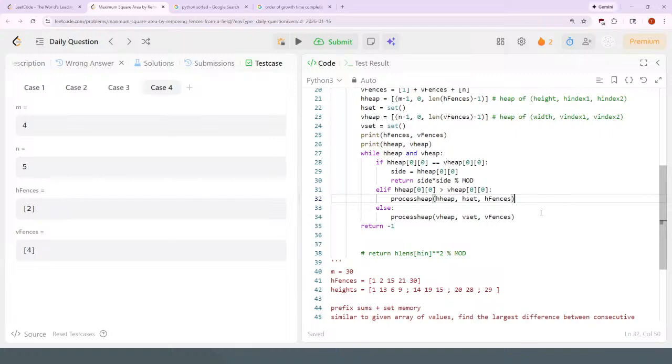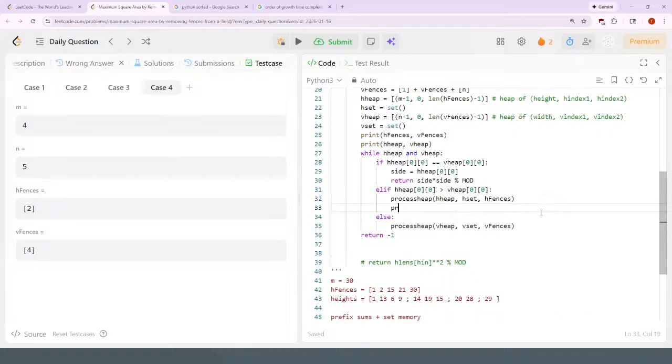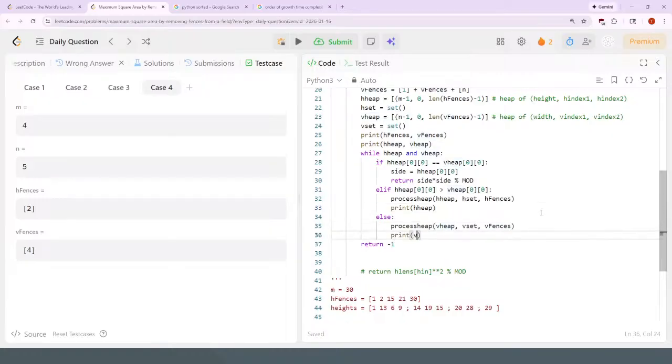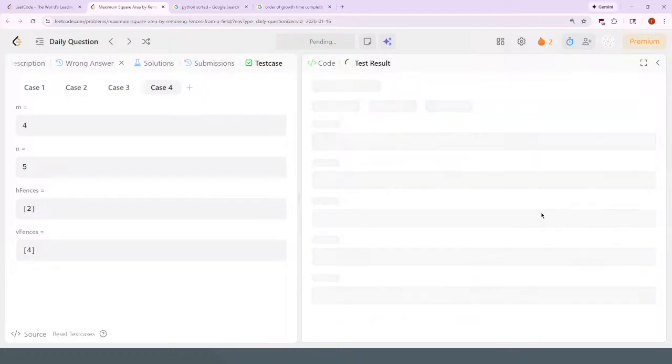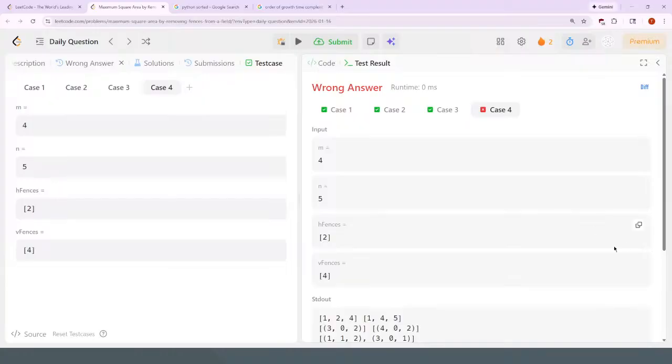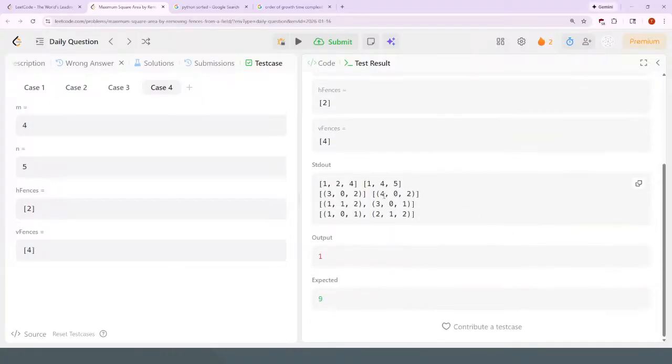Alright, so let's go ahead and just add some calls here. Print H heap. Oh my god, I'm so stupid.